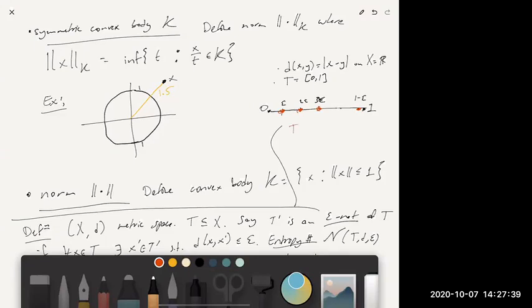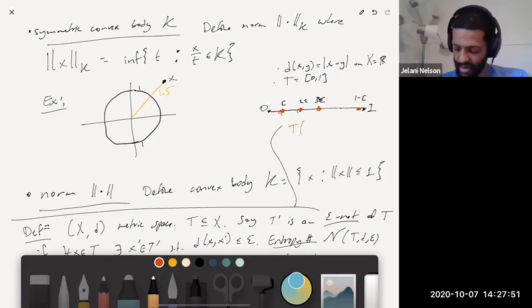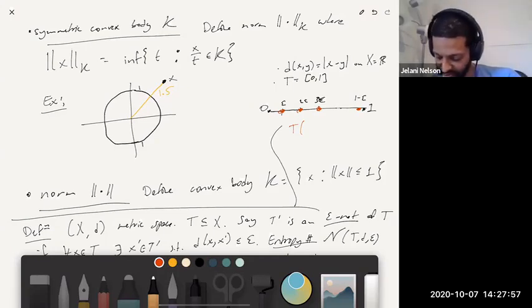Question? You can't space it out by 2 epsilon, because then each point could go to the left or right to get one that's within epsilon. Oh, actually, yeah, that's a good point. I guess the first one would have to be epsilon.